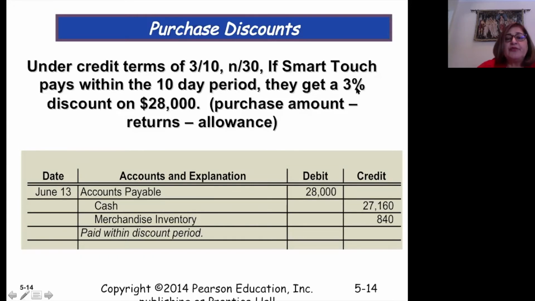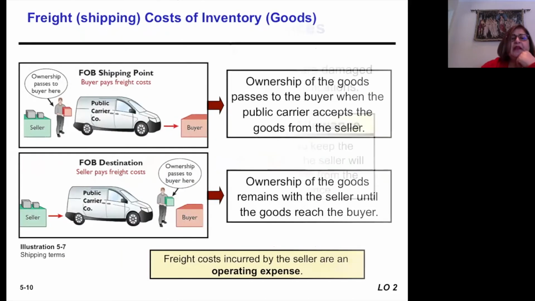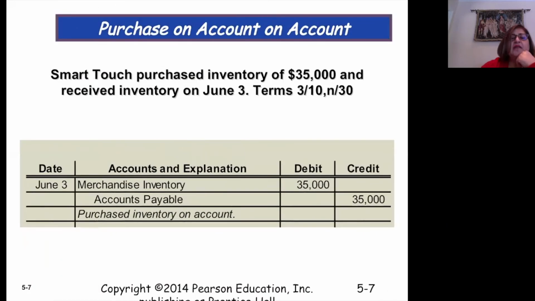So 3% of what? 3% of what we owe, which is the purchase amount minus any returns minus any allowance. If you remember, we returned $7,000 of this $35,000.